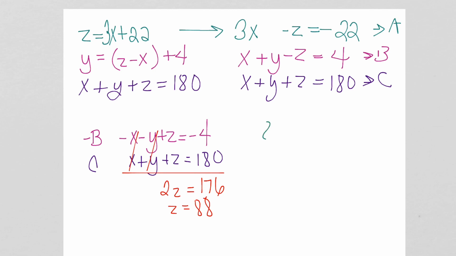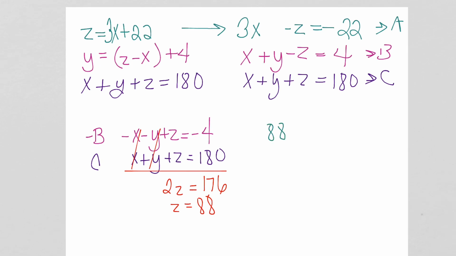We've got z is 88 equals 3x plus 22. So now we can solve for x. It'll be 22. And then we can plug in our three equations.